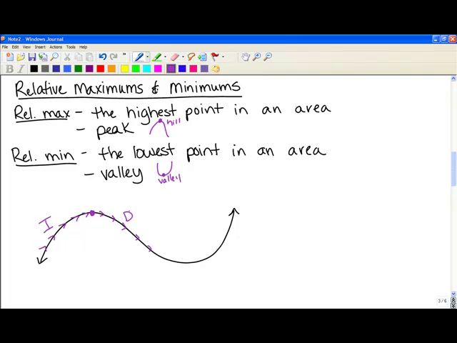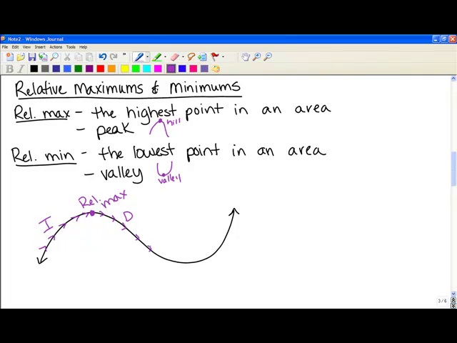So where we have a change of direction is another way to look at this. A change of direction means we have either a relative maximum or relative minimum. So if it's increasing and then decreasing, this is like the top of a hill, this is a relative maximum.